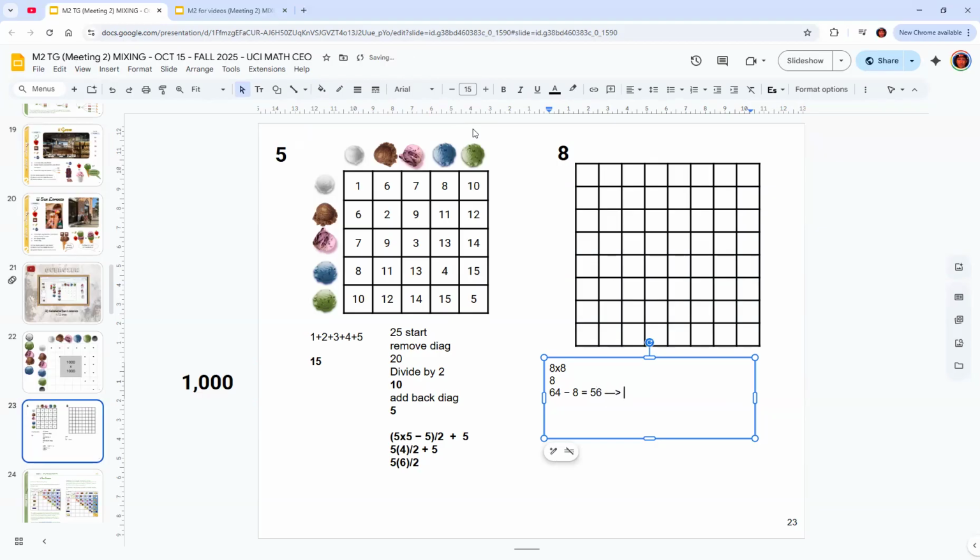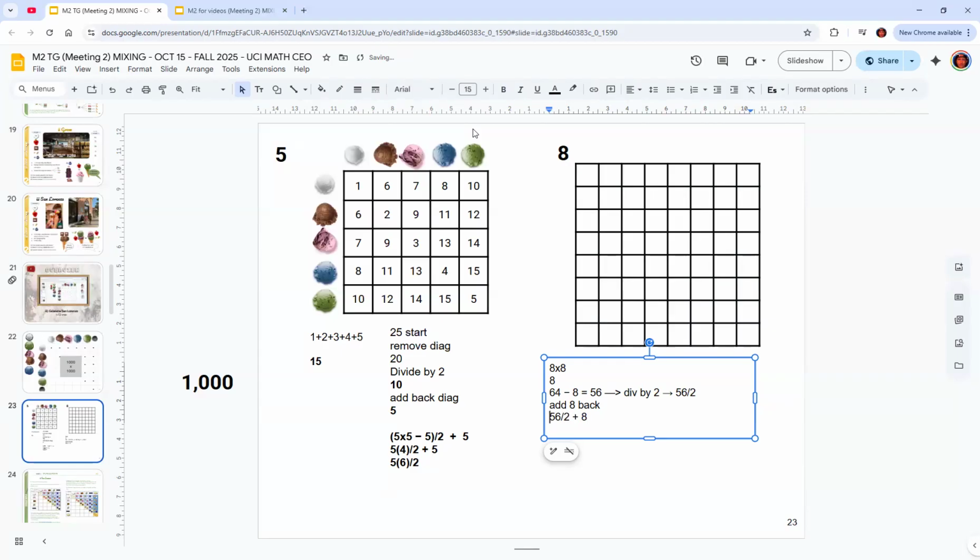And then you have to divide by 2, right? And then after you divide by 2, let's leave it for now like this, add 8 back. So it ends up being 56 divided by 2 plus 8.